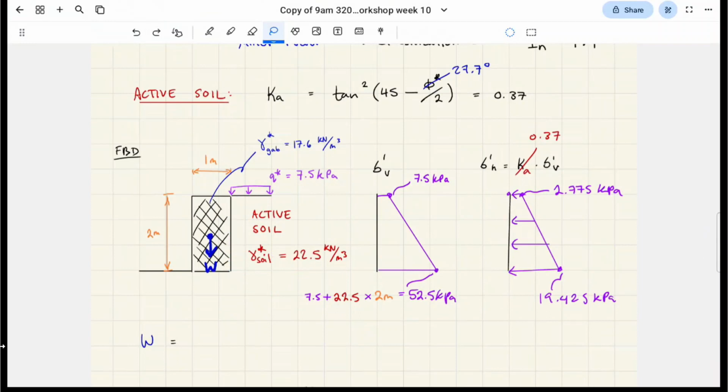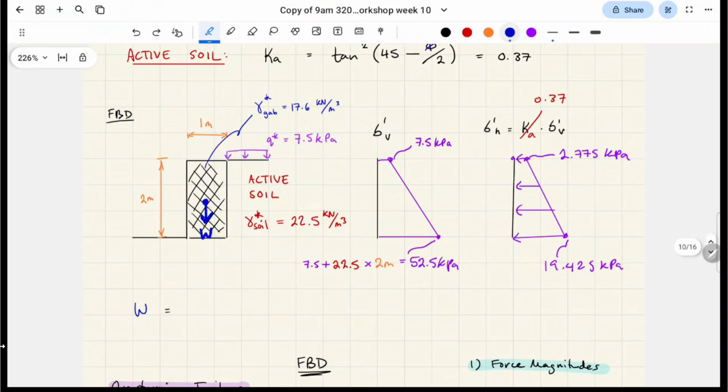Next, we're going to be talking about W. W is the self-weight of the retaining wall. From physics, you take the center of mass of an object. In this case, it's going to be in the very middle in terms of the shape, and that will be your weight force, acting downwards towards the core of the Earth.